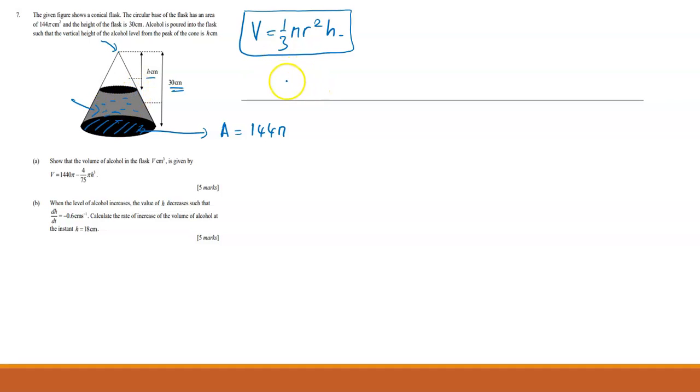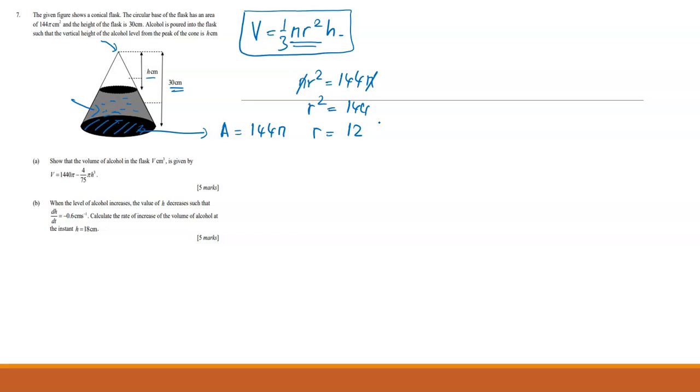So this area is represented by pi r squared, which is 144 pi. So pi r squared equals 144 pi. Cancel between these two, where r squared is 144, then r equals plus or minus the square root of 144, which is plus or minus 12.